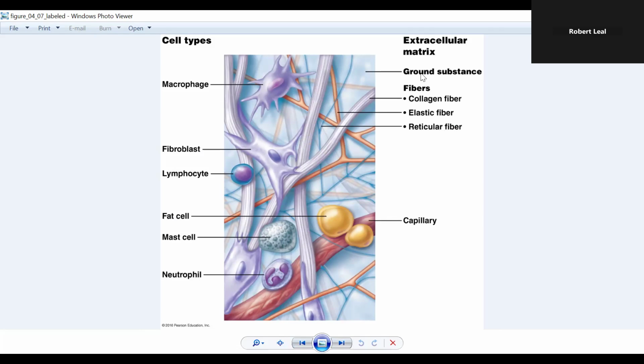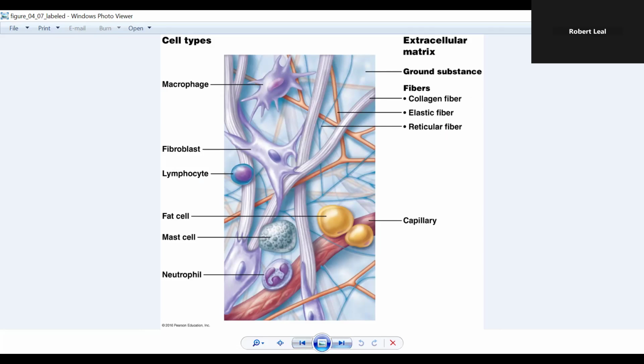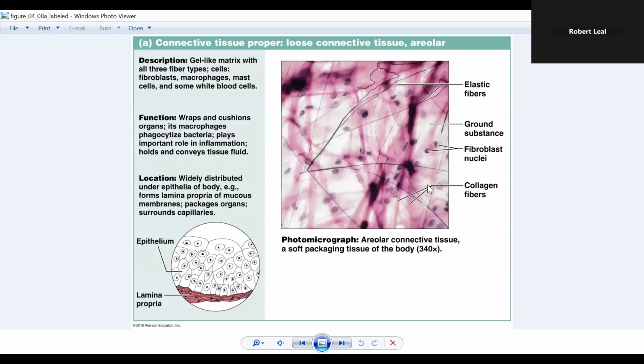And this type of tissue is loose areolar connective tissue. So this is the drawing, and then the next slide is the actual, what you would see under the microscope.